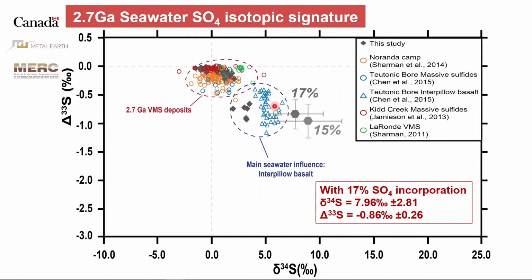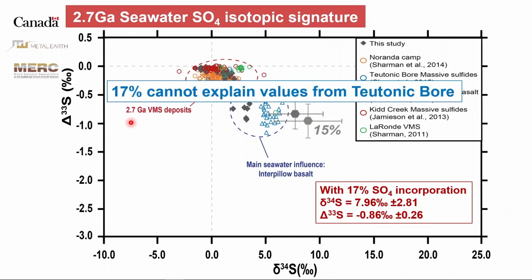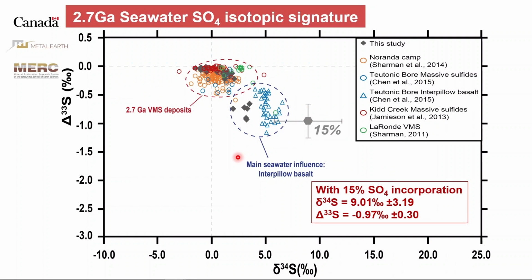So the most probable proportions are between 17 and 15%. But the 17% already proposed at Kidd Creek cannot explain all the isotopic signature in the interpillow. So the most probable proportion of seawater sulfate incorporation is 15%.